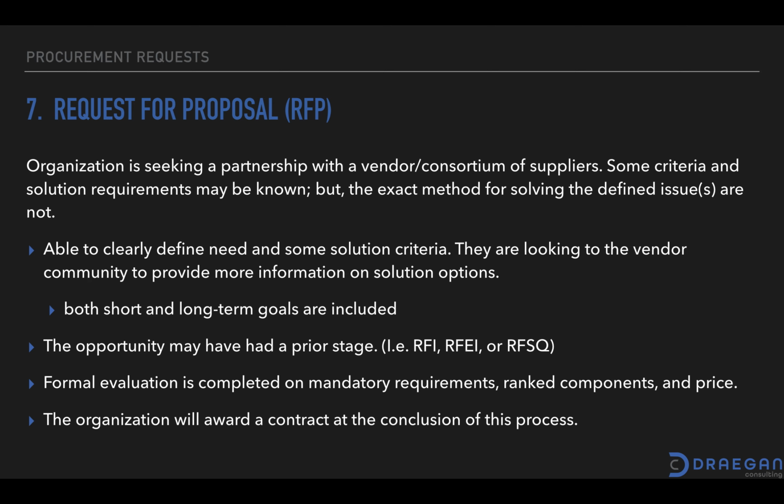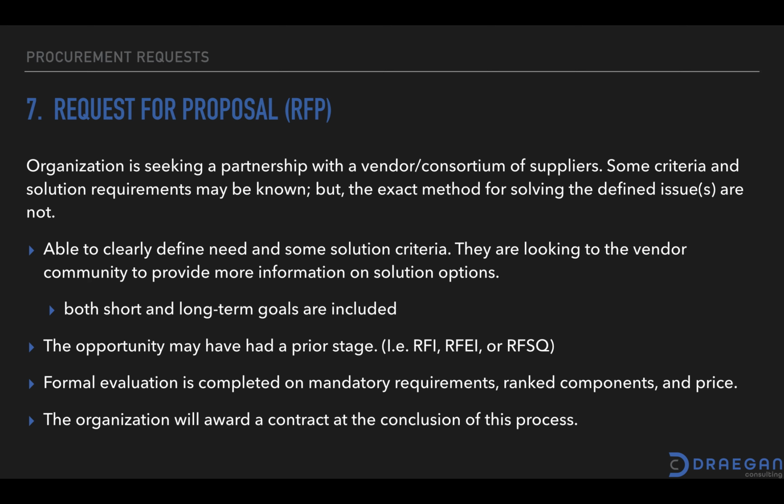RFPs are also detailed in such a way that things like personnel, financial stability, and economic viability can be incorporated into RFPs. At the end of an RFP process, the organization will award a contract.